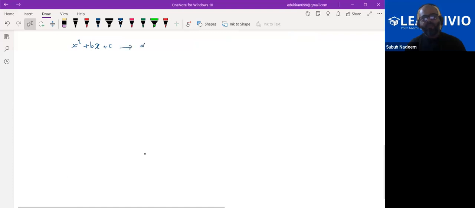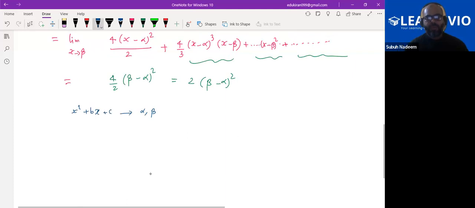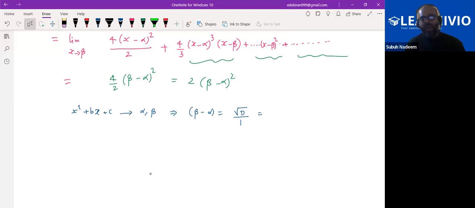So what will be beta minus alpha? This implies that beta minus alpha is root d by a. A is 1, the coefficient of x square, and root d will be root over b square minus 4c. So beta minus alpha whole square would be b square minus 4c.